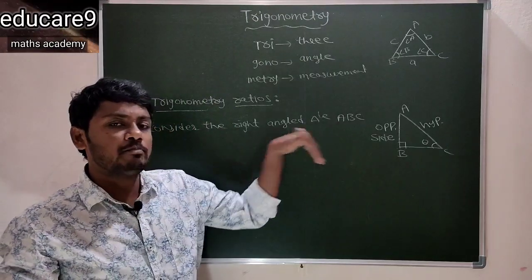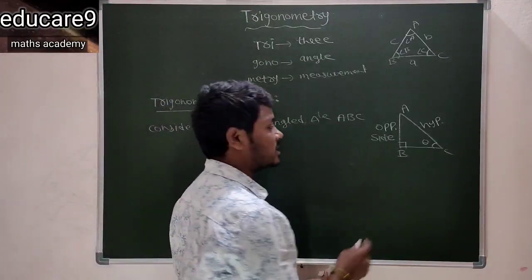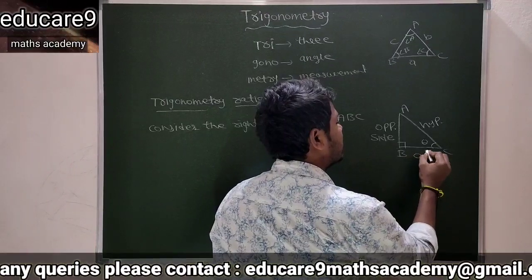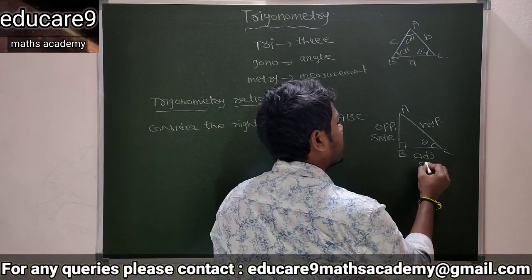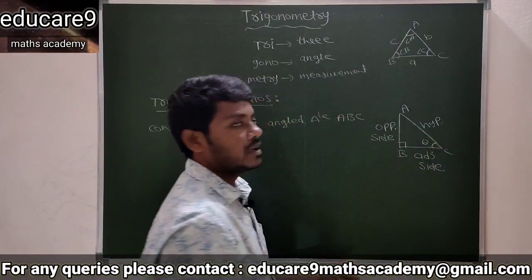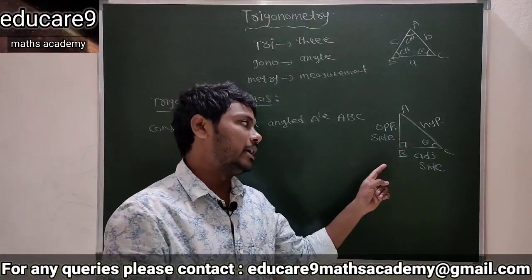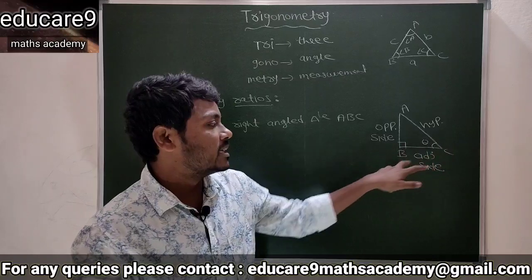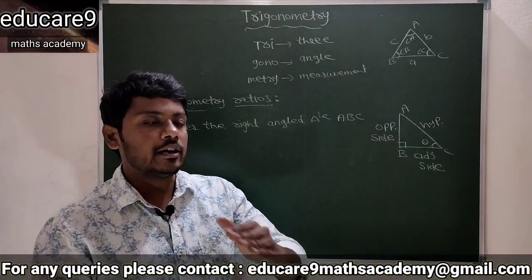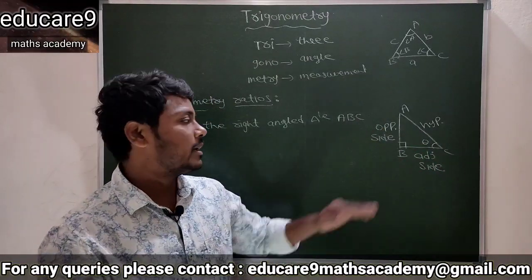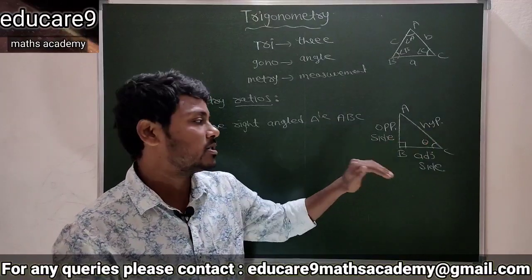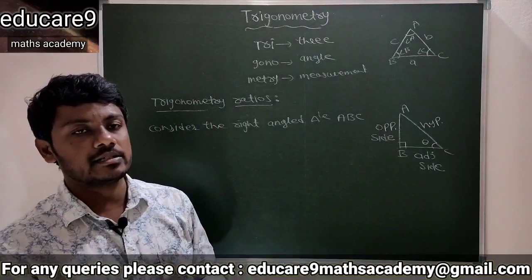And the base is BC. So the base is always the adjacent side. So this is the right angle triangle ABC with the right angle at B. The angle between AC and BC is theta, and opposite to theta is the opposite side. Opposite to the right angle is the hypotenuse. The base is always the adjacent side.